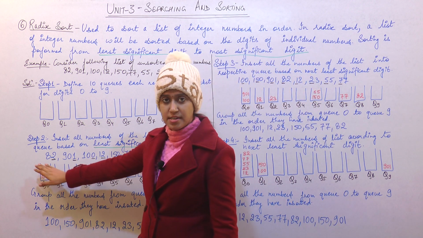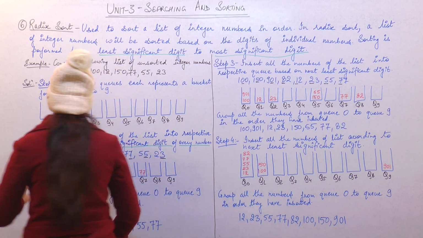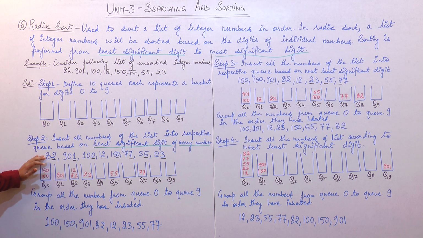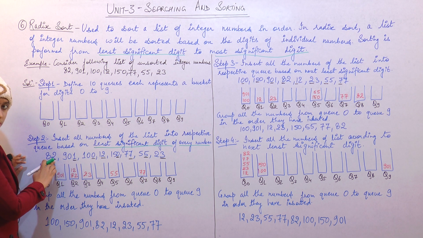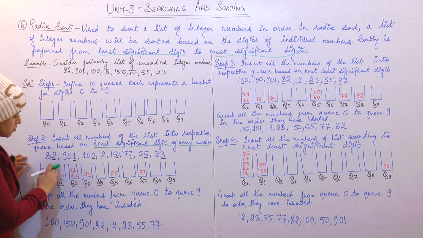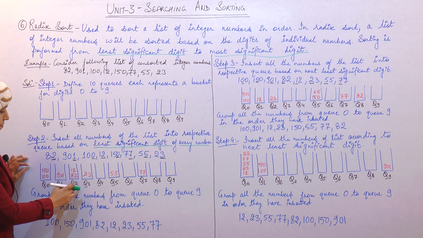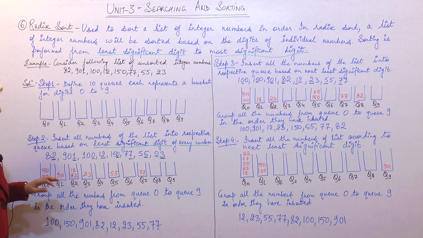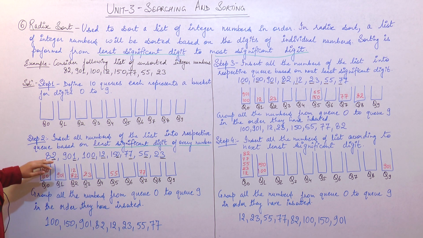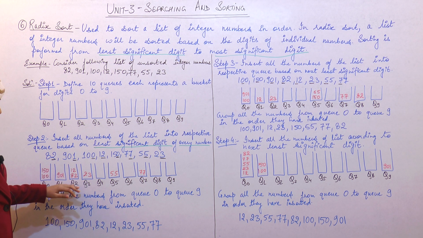So we will start inserting from the first. Firstly, we have the number 82. The least significant digit of 82 is 2, so 82 will be inserted in the bucket Q2. The next number is 901.